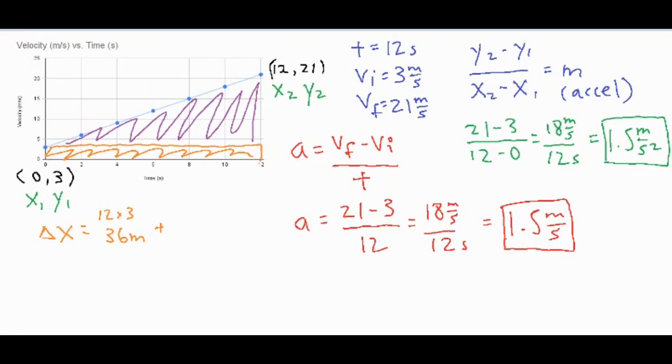And then for my purple section, I'm going to do 1/2 base times height. 1/2, my base is still that 12 second width over here. And then my height is from the 3 up to the 21. So then my height is 18. So 1/2 base times height is 12 times 1/2 is 6. 6 times 18 is 108. I'm going to go ahead and add those two together.